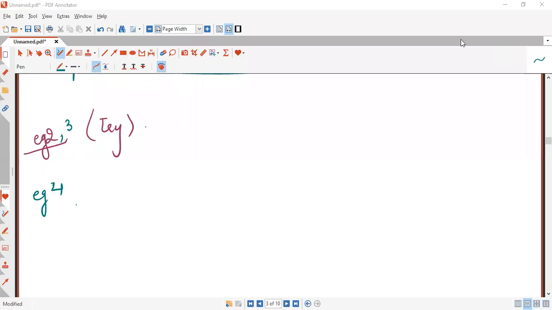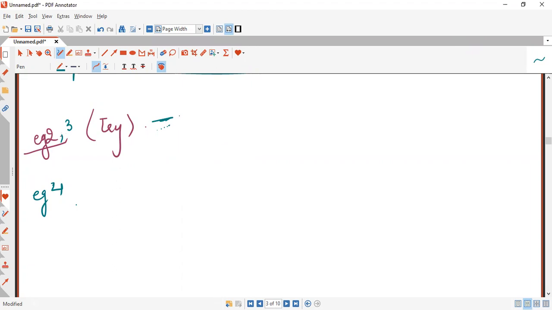Okay, see the first part of example number 4. What does it say? Find general solution. Whenever the question is asking to find the general solution, you always have to find ξ and η finally in terms of x and y. In this example, you will again substitute the values of ξ and η.